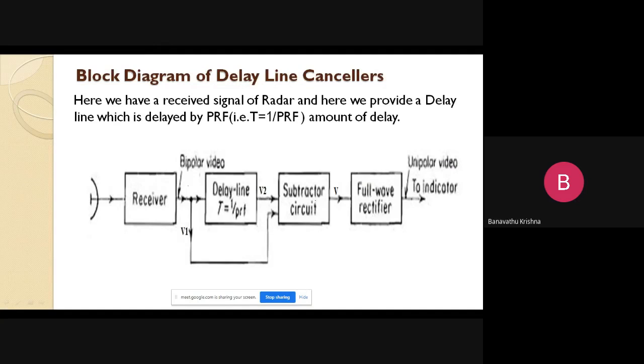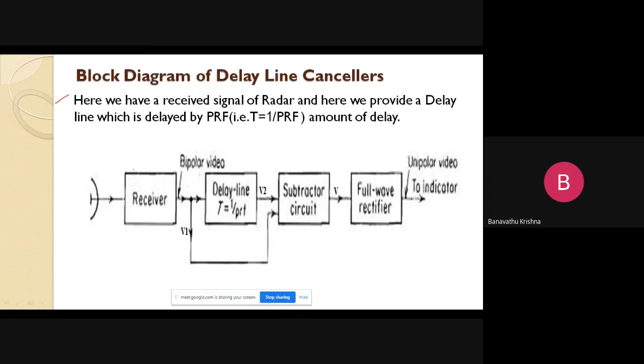Coming to the block diagram, this is a receiver module, delay line module, subtractor circuit and full wave rectifier circuit. That full wave rectifier circuit gives the absolute response of the circuit. Here we have a received signal of radar, and we provide a delay line canceller which delays by the pulse repetition frequency, that is T equal to 1 by PRF, the amount of delay.